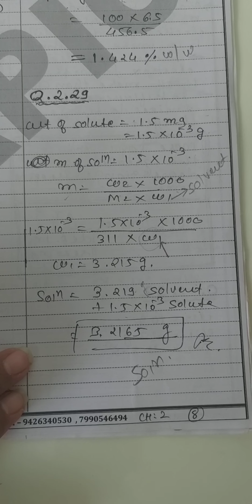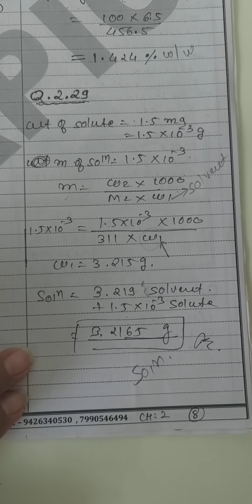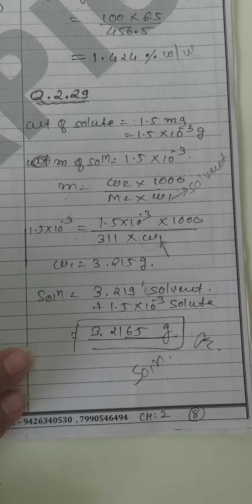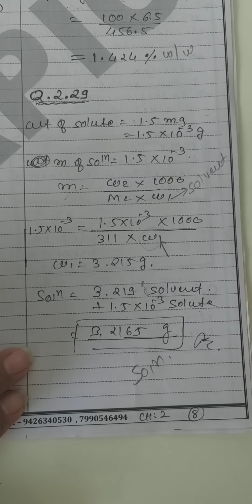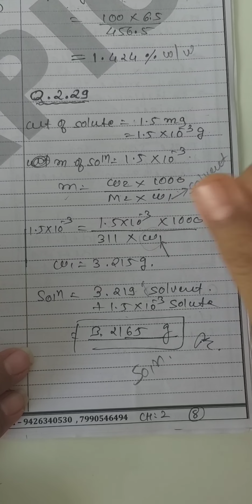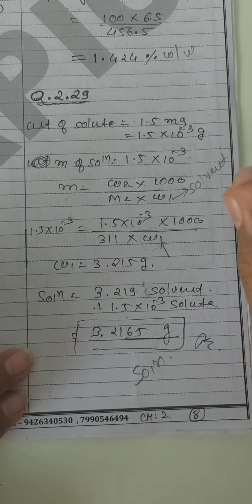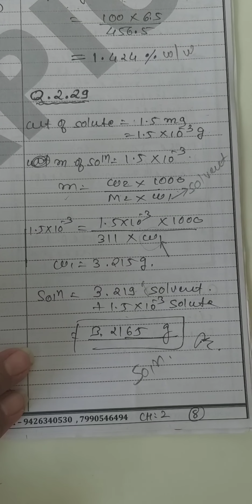Dose of nalorphine is generally given as 1.5 milligram. Calculate the mass of aqueous solution required for the above dose. Now the dose is also fixed by the doctor, that 1.5 should be given. Now we want to find that to produce that dose of 1.5 milligram, how much solvent is required.